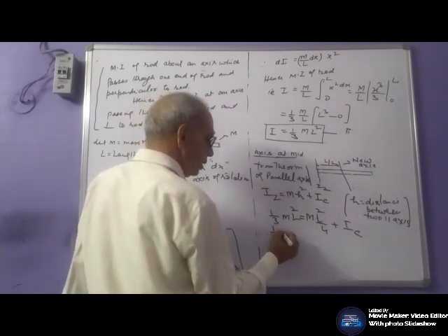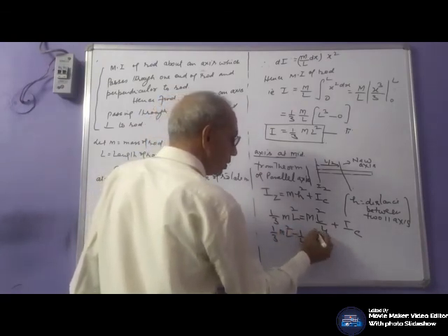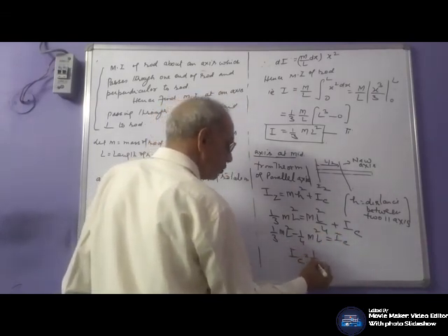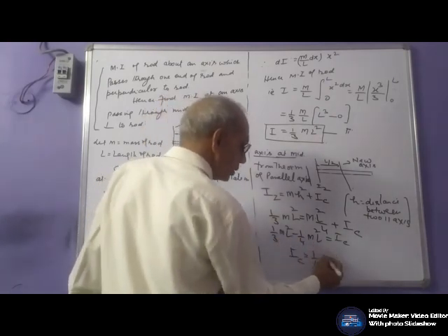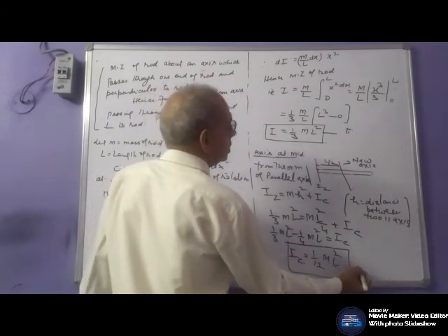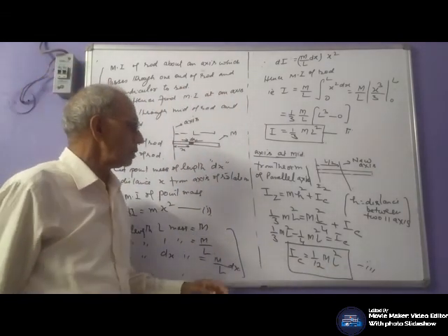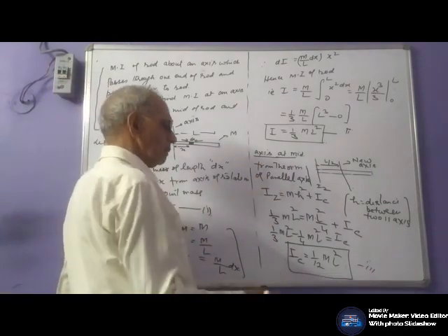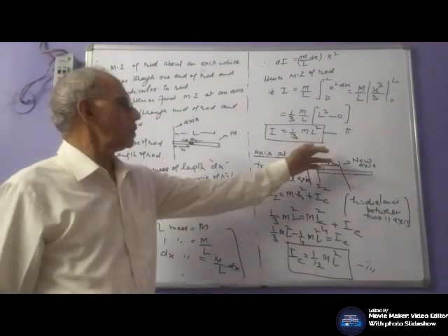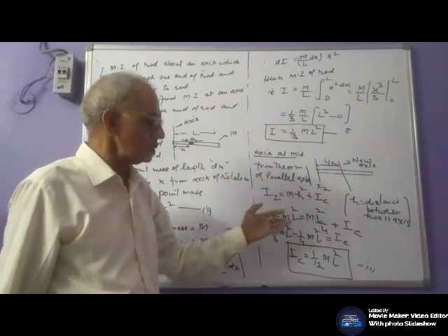So it is 1 by 3 ML square minus 1 by 4 ML square is IC, or IC comes out to be 1 by 12 ML square. This is deleted just for knowledge's sake. If we want to find it directly, then the same process; hence from this theorem we can find it.